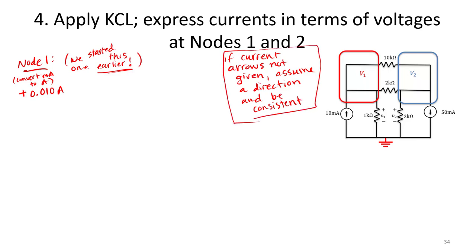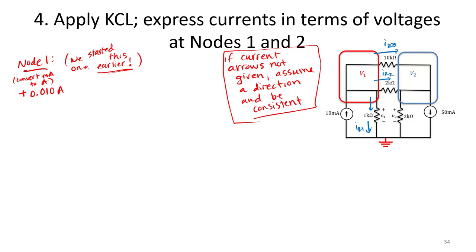So previously, we had used the currents IR1 for the current going through this portion. We used current IR2 through the 2 kilo ohm resistor, and we used current IR3 for the current going through the 10 kilo ohm resistor.